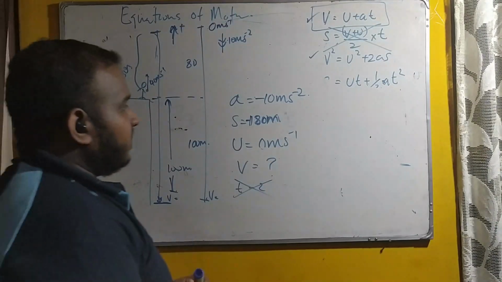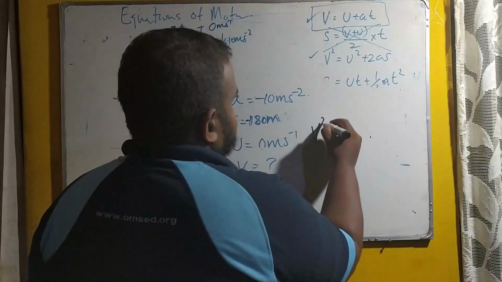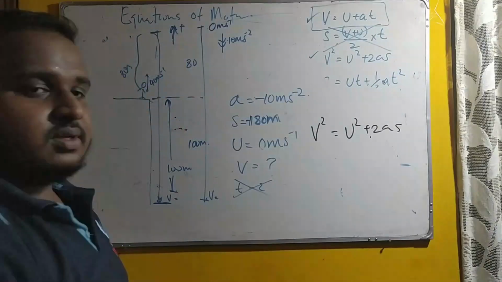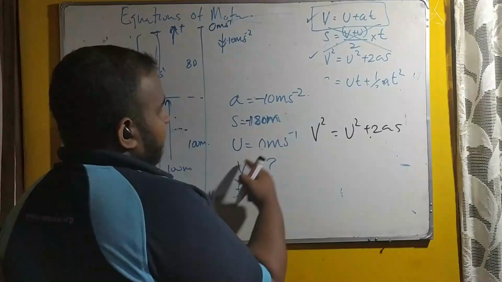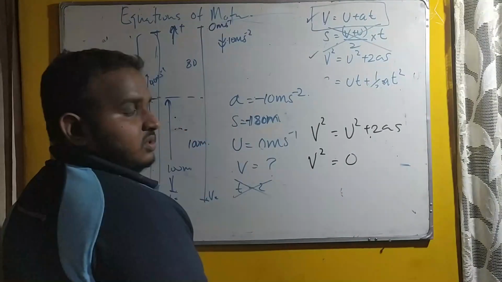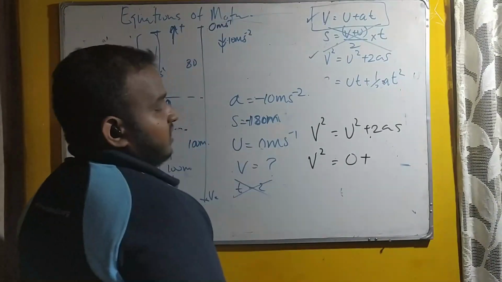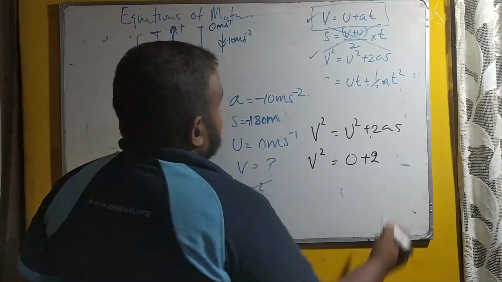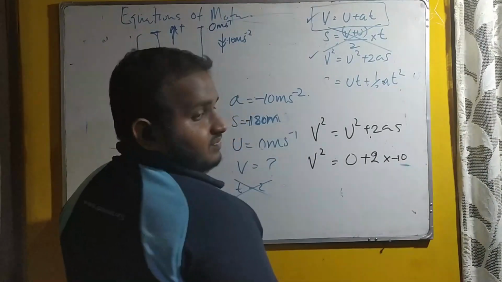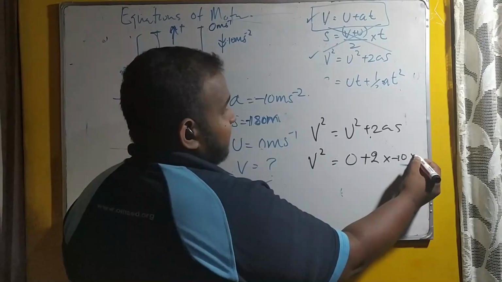So if you use the equation, v squared is equal to u squared plus 2as, right? v squared is what we need to find. u squared is 0 plus 2. What is the acceleration? Minus 10. What is the displacement?